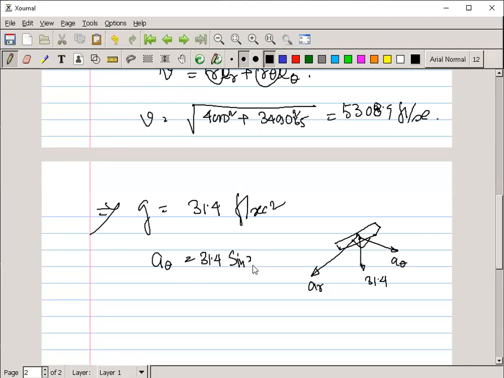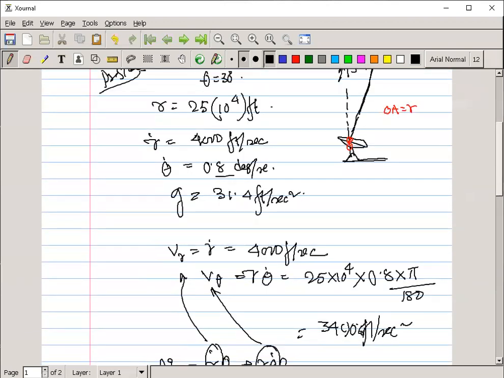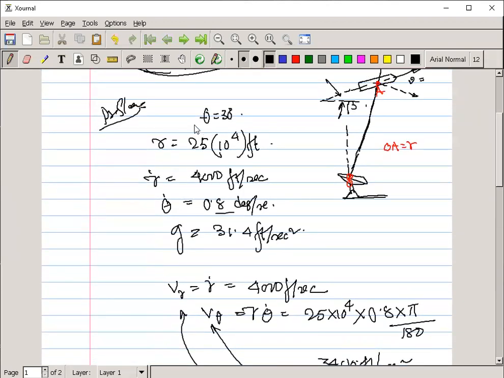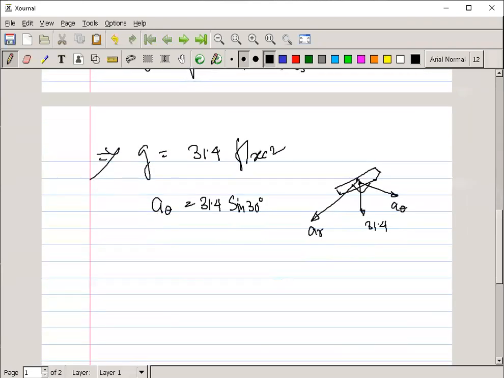So a theta is 31.4 sine 30 degree. They have given the data that theta is equal to 30 degree. So a theta is equal to 31.4 sine theta and a r is equal to minus 31.4 into cos 30. Okay.